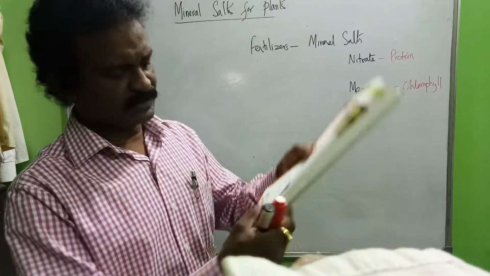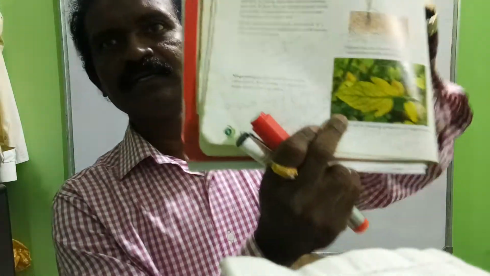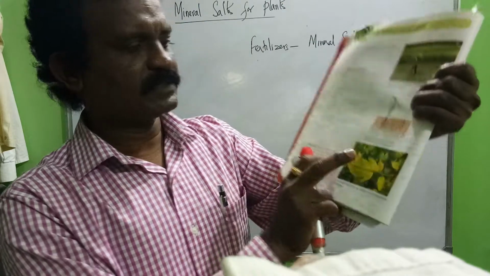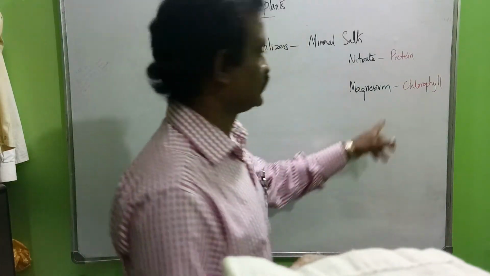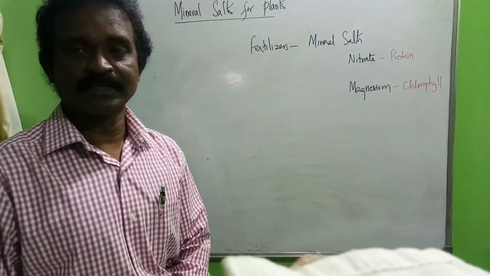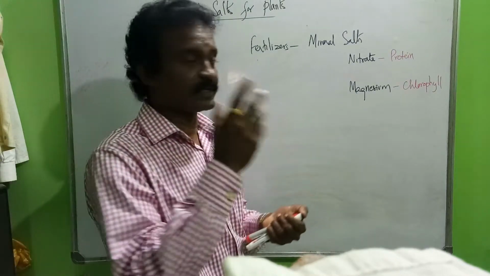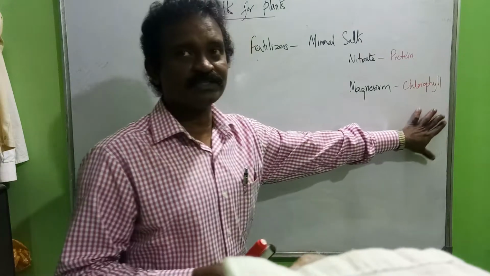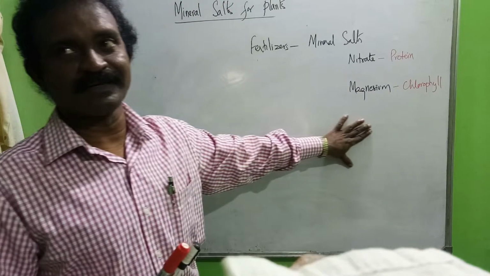Can you see the deficiency here? See the leaf is becoming yellow. That shows the deficiency of magnesium, that magnesium is not supplied to that soil or plant properly. You can identify this by seeing the plants: if the leaf is yellowish, magnesium is in short supply.